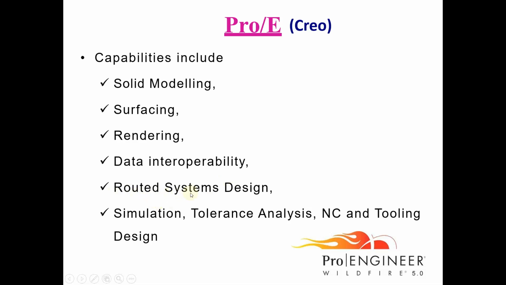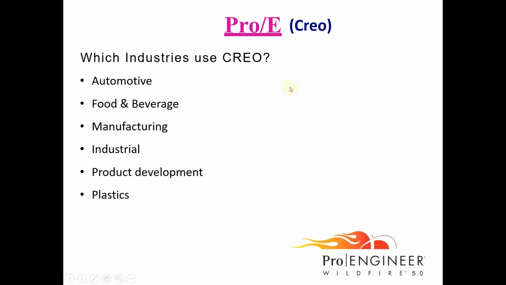Then we have routed systems design, designing the systems, how we can plan the design of systems and different layouts, etc. Routing, scheduling, all those things can be done using Creo. Simulation, tolerance analysis, numerical control and tooling design. So tooling design and other designs for machine tools can also be performed in Creo and ProE.